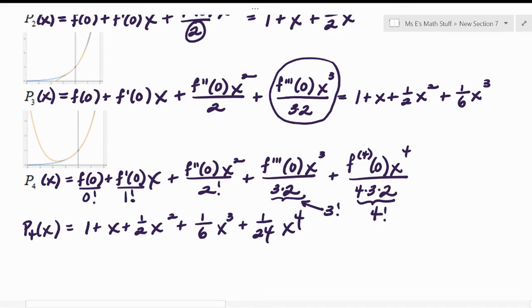So notice that in every single term of these polynomials, you have a pattern. The degree on x matches the number of derivatives you've taken, and it also matches the base of your factorial in the denominator every single time. And that's when things get easy.